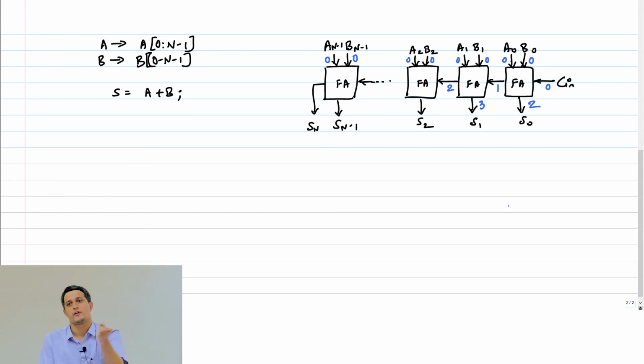Which has to come all the way from somewhere. So this carry has to propagate from the 0th bit to the nth bit in order for the final result to be ready. While A and B are available at time 0 across all the n bits, this carry bit is more timing critical than the bits A and B in general. Okay. So now let's see what happens. Suppose A2, B2 happen to be 1.